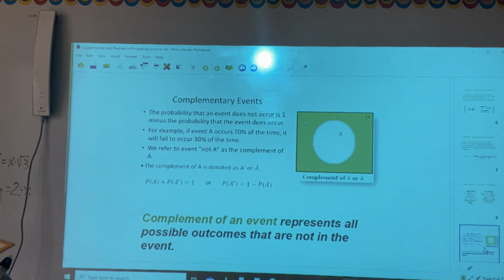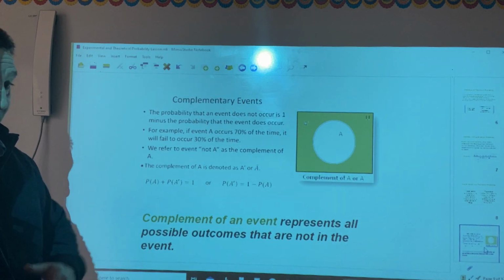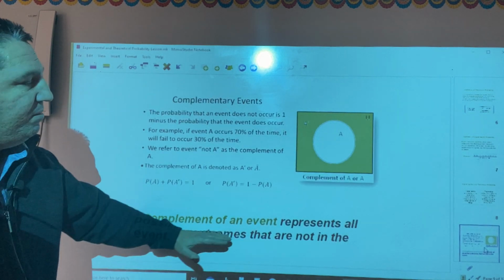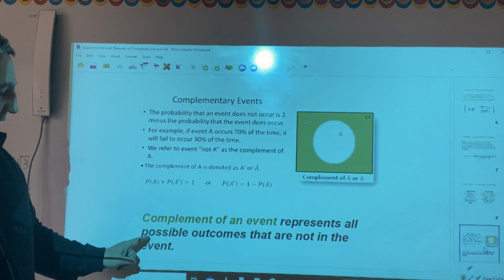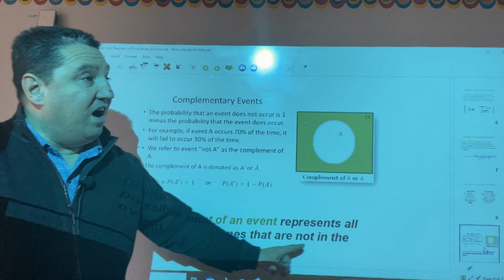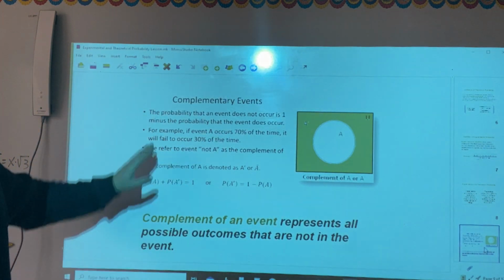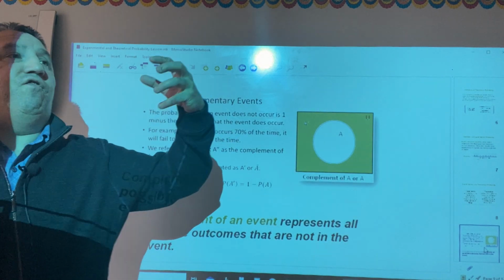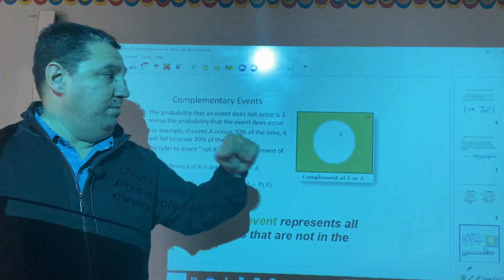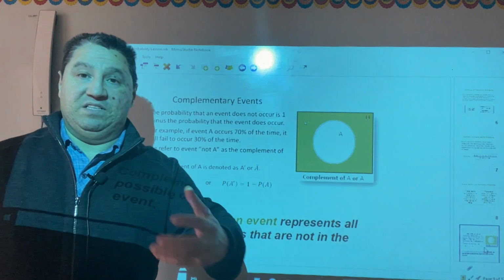Another vocabulary word that is important is complement of an event. It represents possible outcomes that are not in the event. For example, if event A occurs 70% of the time, it will fail to occur 30% of the time.